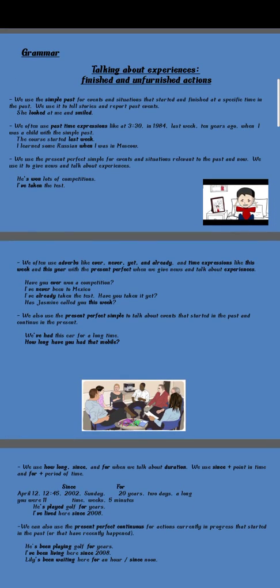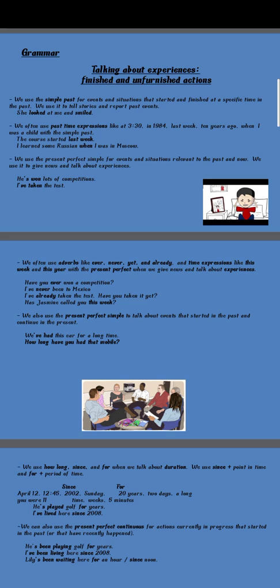Let's move into grammar, and in today's grammar we are talking about experiences, or what we call finished and unfinished actions. I think you remember in Unit 2 we had past simple, and past simple is the tense we use when we talk about something that happened and ended in the past with no relation to the present time.